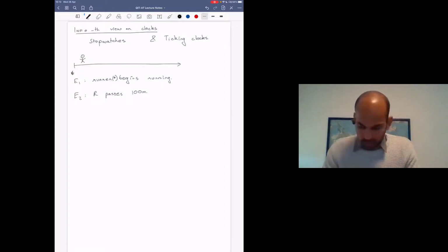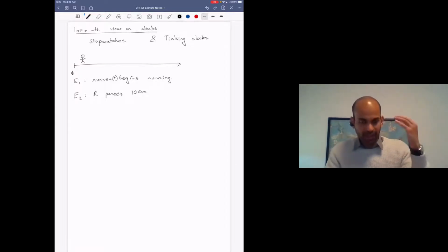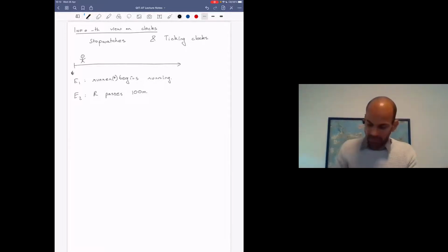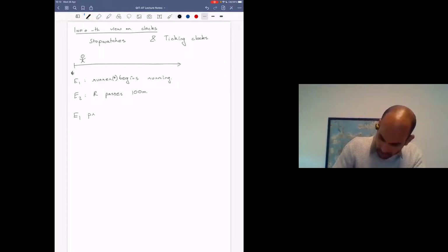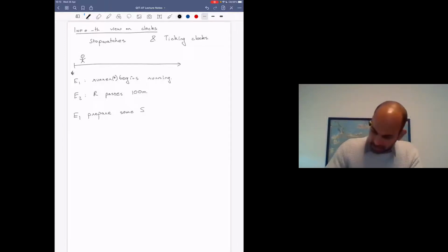So what am I going to do if I have this as the construction? I have just two events. Event 1 is that the runner started to run. Event 2 is that it has passed 100 meters. Well, clearly what should happen is that E1 should prepare some physical system, some system S in some state psi.